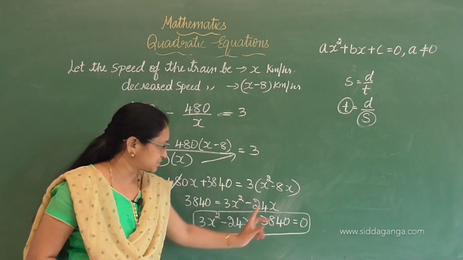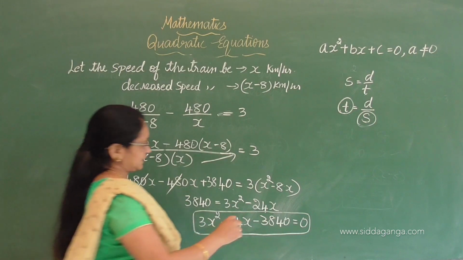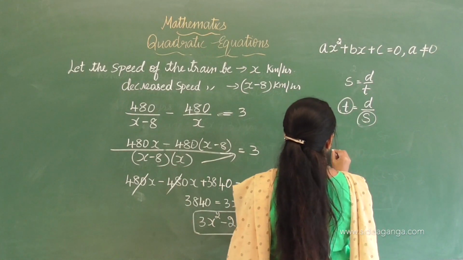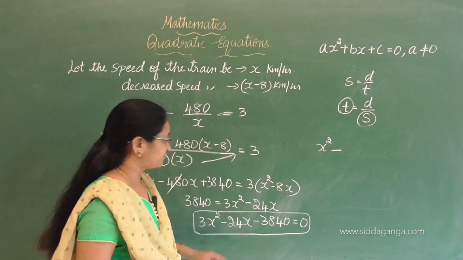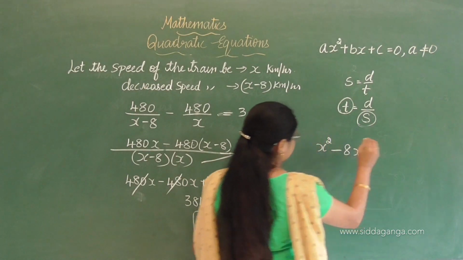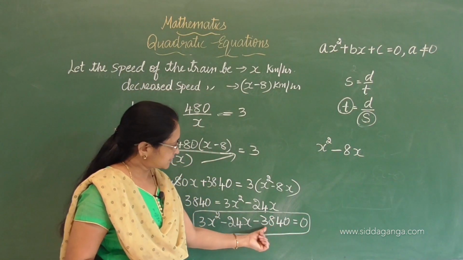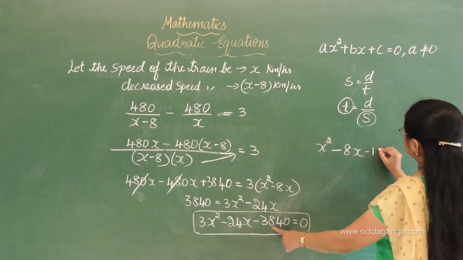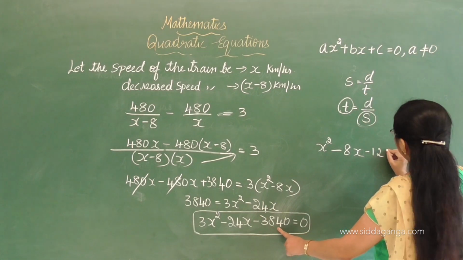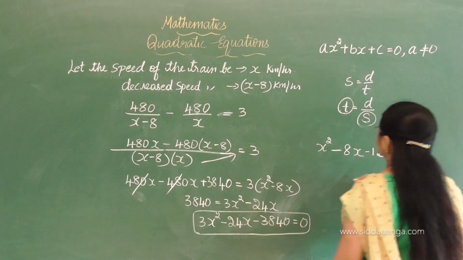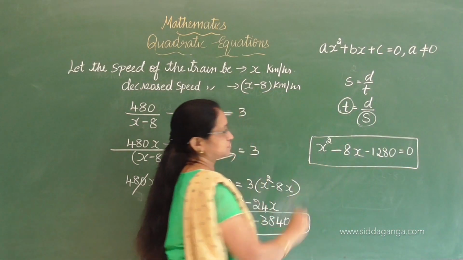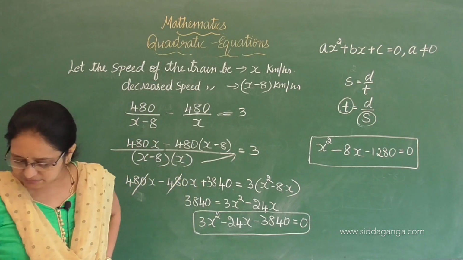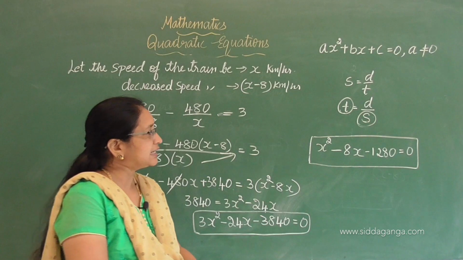If you divide the whole equation by 3, 3 1s are 3, 3 1s are 3, then 3 2s are 6, 3 8s are 24, and 0 is equal to 0. So the final equation you can keep like this also, okay, understood. So x square minus 8x minus 1280 is equal to 0.